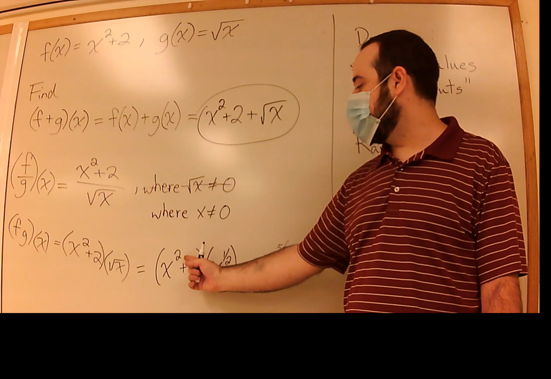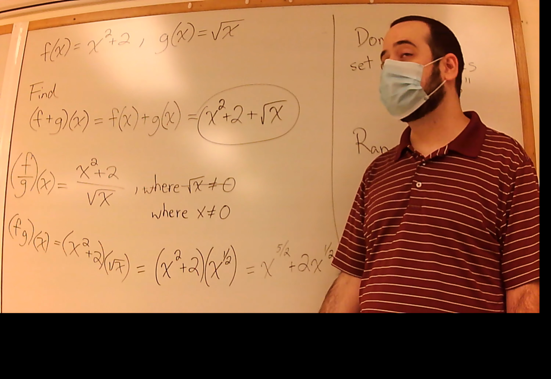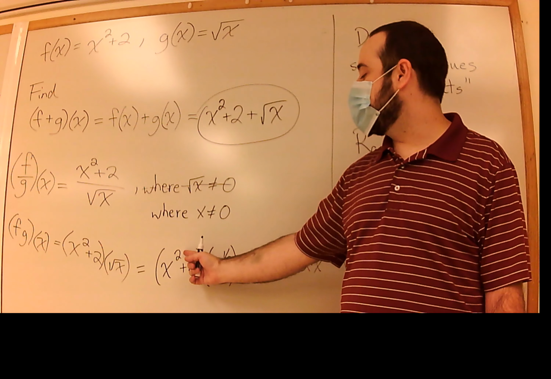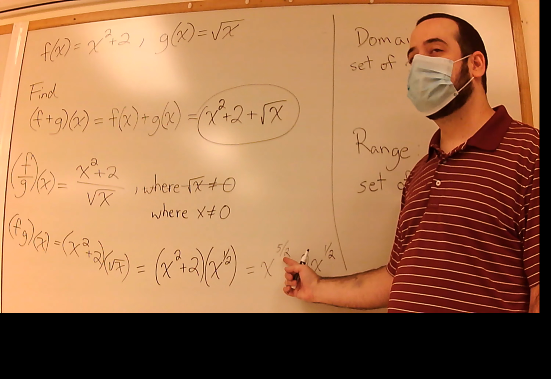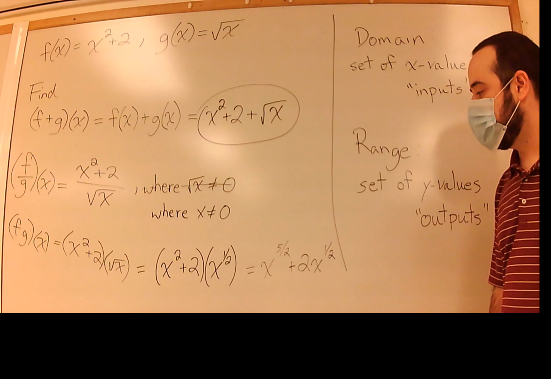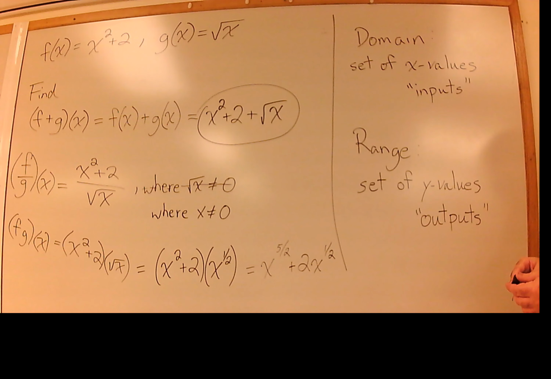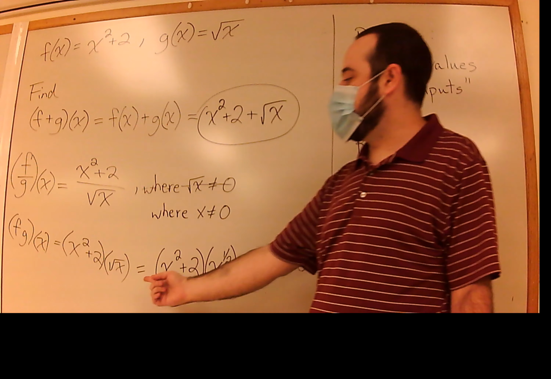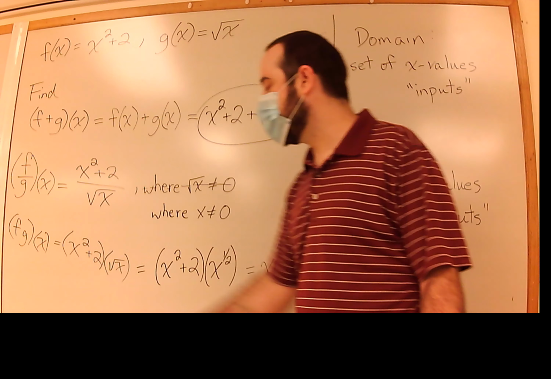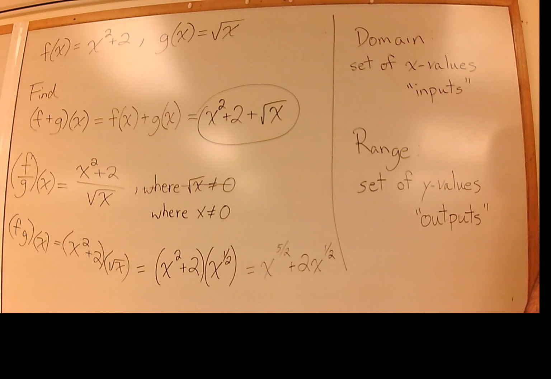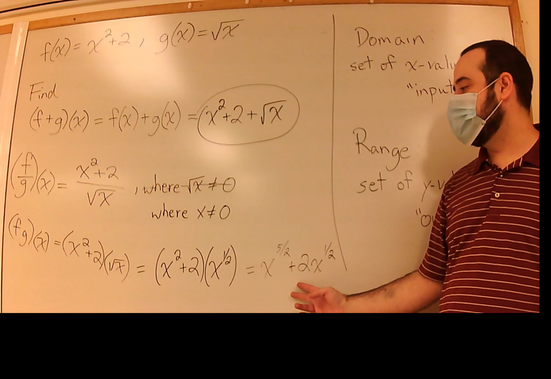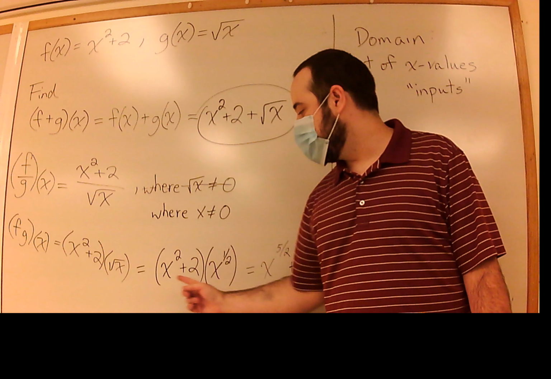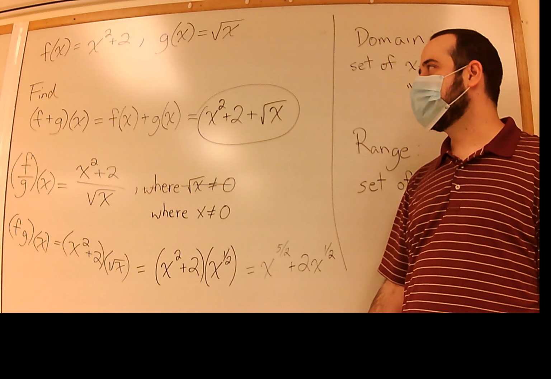I got a common denominator now. 2 is 4/2. We got 4/2 plus 1/2 is 5/2. On that particular problem, it's fine. We'll leave it here. A little bit down the road, though, we'll want to be able to deal with these fractional exponents.